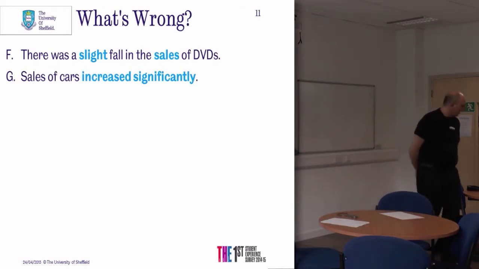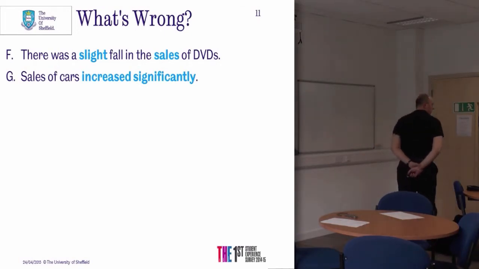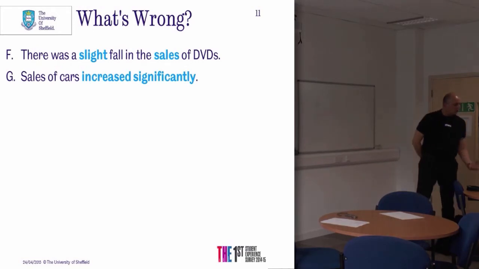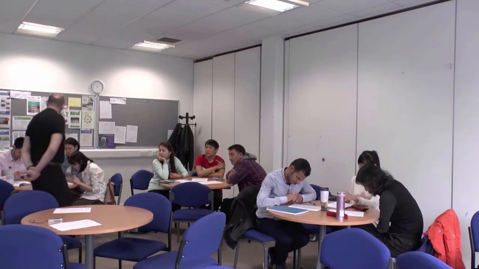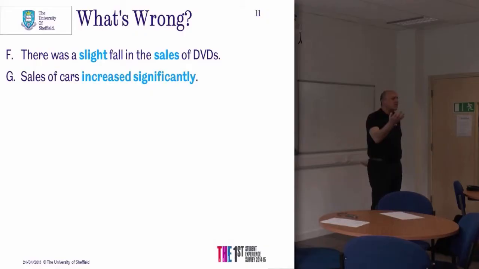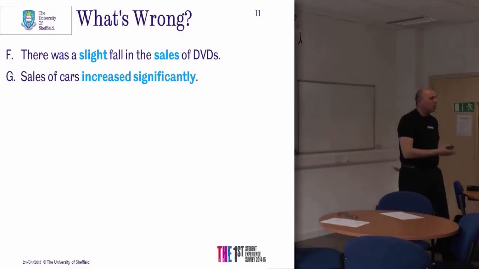But why sales of cars? Not sale of cars. Sales means the numbers of cars sold. It's like sales of anything. It's not a sale, it's sales as in the whole idea of selling a product. So people talk about rising sales or falling sales, meaning the number of items they sell.